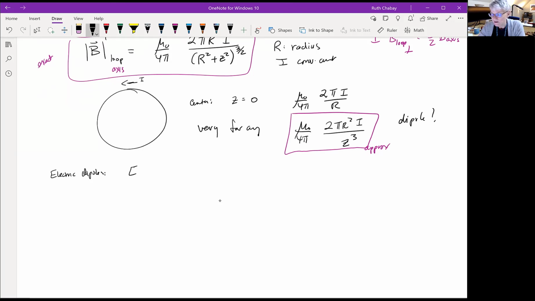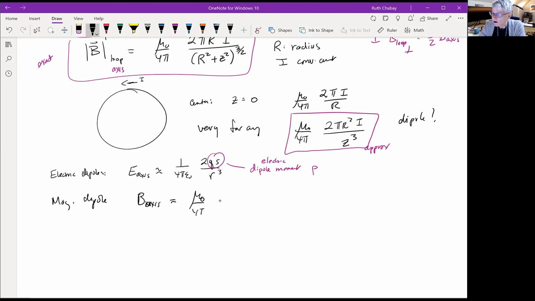The electric field on the axis was 1 over 4 pi epsilon 0 times 2 qs over r cubed, and this thing we called the dipole moment, which had the unfortunate symbol P. Well, for a magnetic dipole, the magnetic field on the axis is mu 0 over 4 pi times 2 pi r squared I over z cubed.